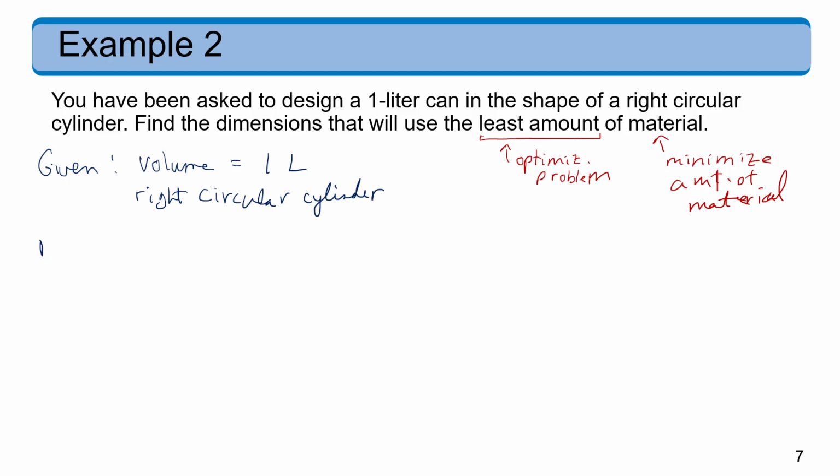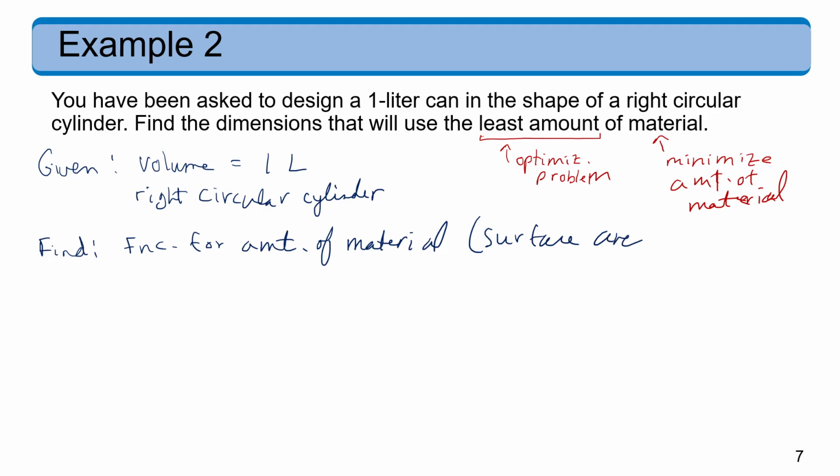What we need to find, we've already discussed, we need to get a function for the amount of material, which would be the surface area. And then once we have that function, we can then minimize it.